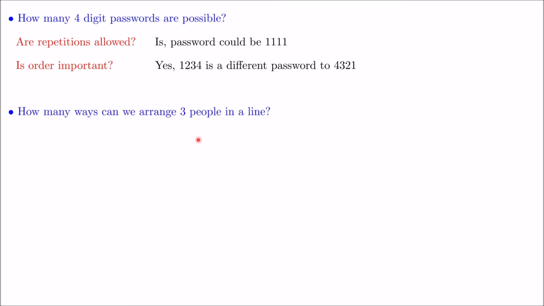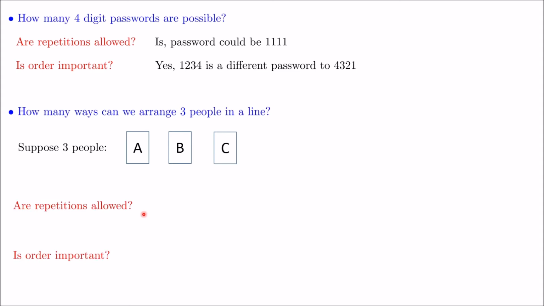Okay, let's look at the next one. What happens if we try to arrange 3 people in a line? Suppose we've got 3 people represented like this, person A, person B, person C, and you try to put them into a straight line, and again ask ourselves these 2 questions. Are repetitions allowed? Well, the answer is no, because this scenario cannot occur, right?